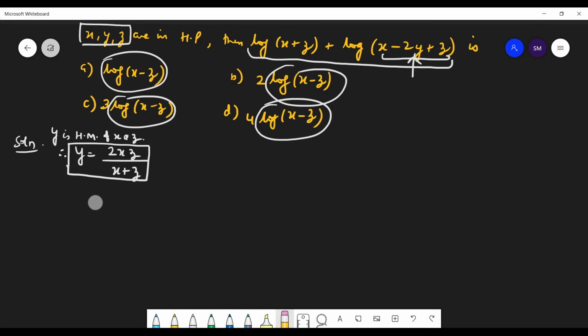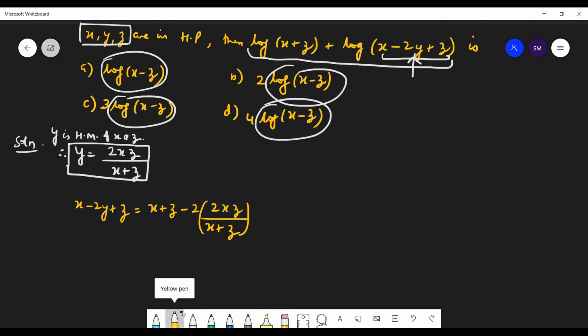Instead of writing the log all the time, you can just write x minus 2y plus z is equal to x plus z minus 2y, and y is your 2xz upon x plus z. So you get it as x plus z minus 4xz divided by x plus z.